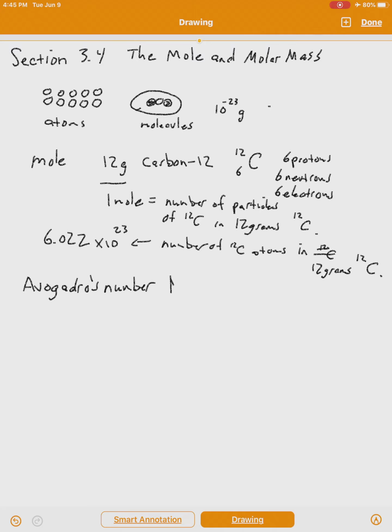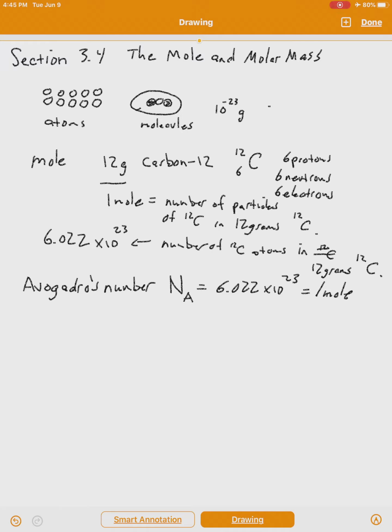The abbreviation for Avogadro's number is typically a capital N with a lowercase a for Avogadro. And that is 6.022 times 10 to the 23rd. And we're going to define that as a mole.